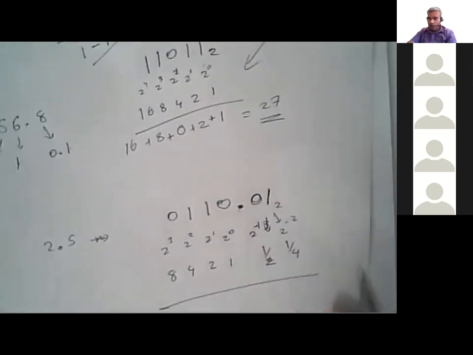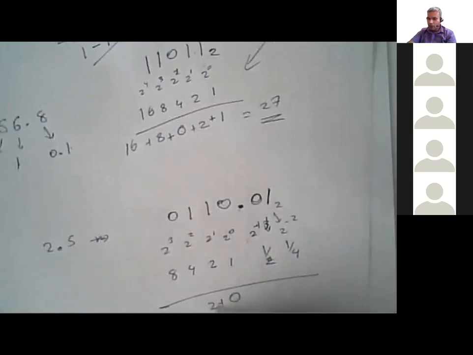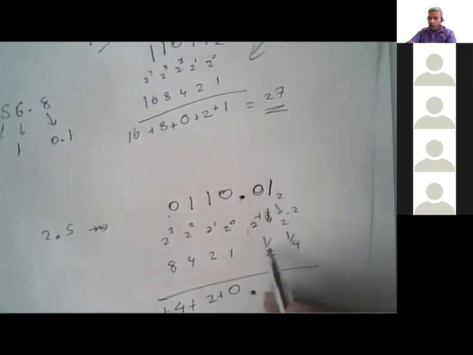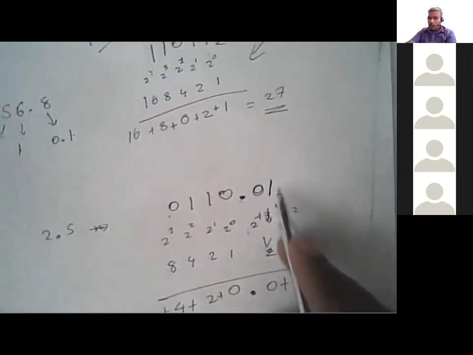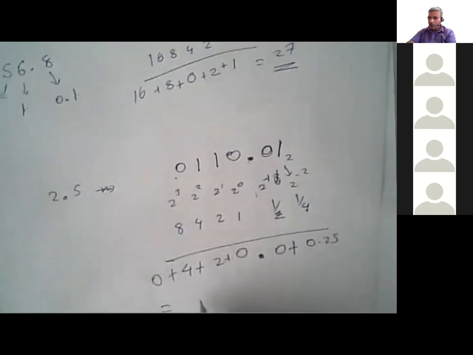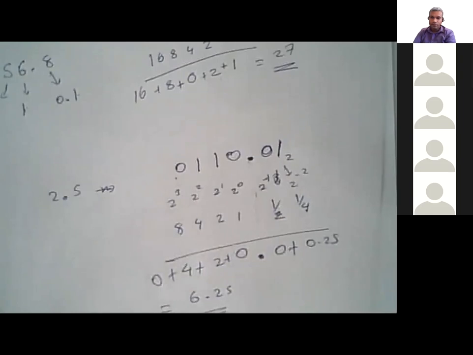Now, if you do it in a similar manner, you will get 0 into 1 is 0, 1 into 2 is 2, 1 into 4 is 4, 0 into 8 is 0, and you put the decimal point. 0 into half is 0, plus 1 into 0.25. So you do the addition, you end up with 6.25. Got the idea?